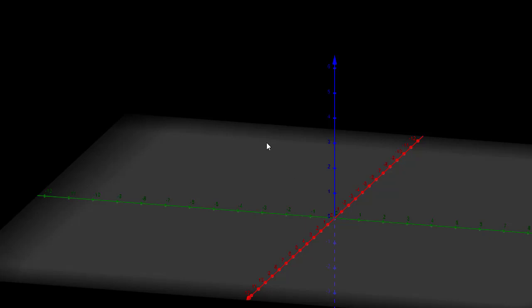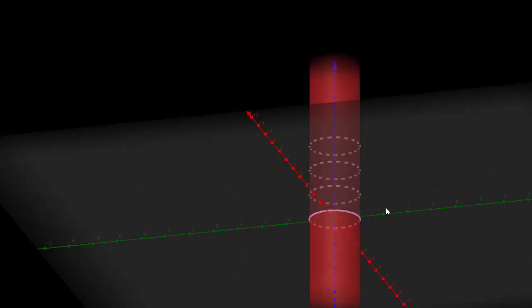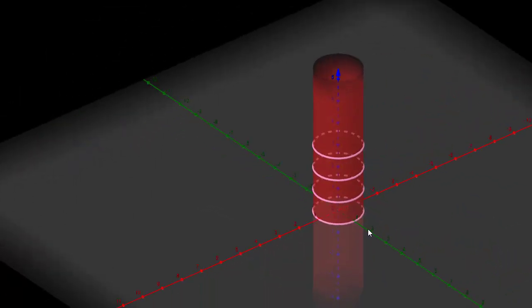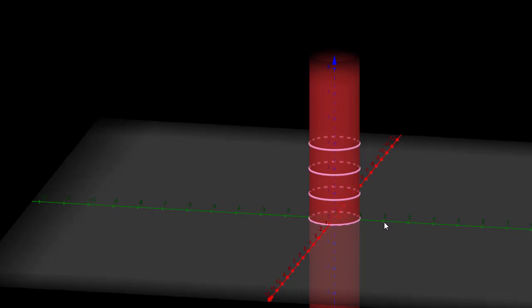All right, so to just show it off in 3 space here, when z is equal to 0, when z is equal to 1, when z is equal to 2, when z is equal to 3, and then the full cylinder itself. Okay, so this is basically what a generic cylinder would look like.